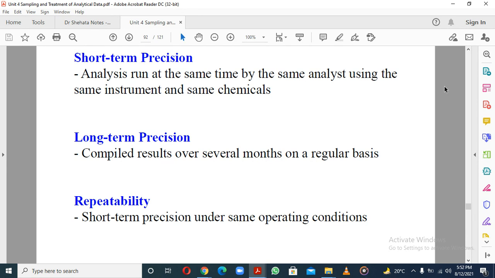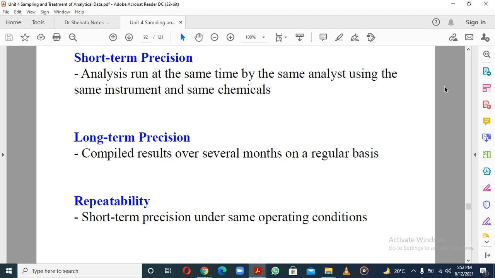What you are trying to achieve there is some precision, and it is usually done by the same person using the same pipette, the same burette, the same beaker, and the same chemicals. That one is going to be classified as short-term precision. So that's about it.